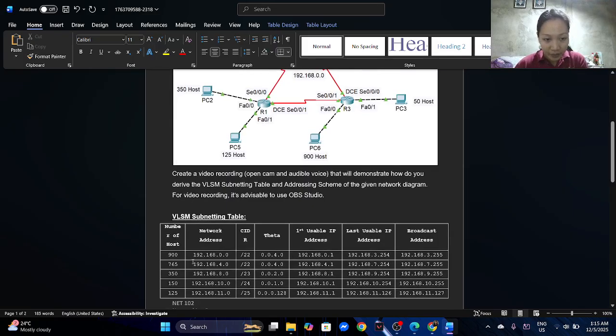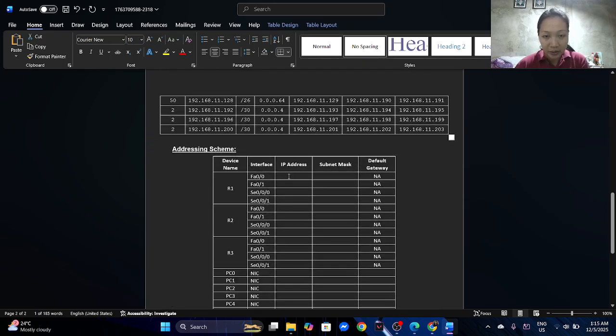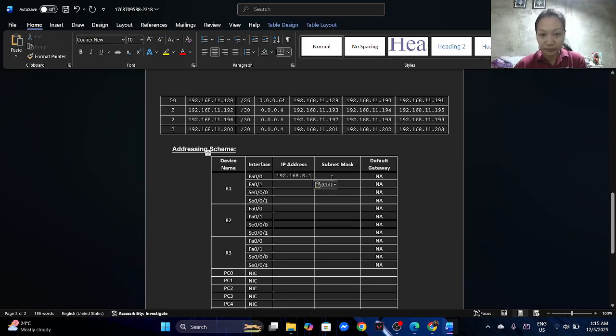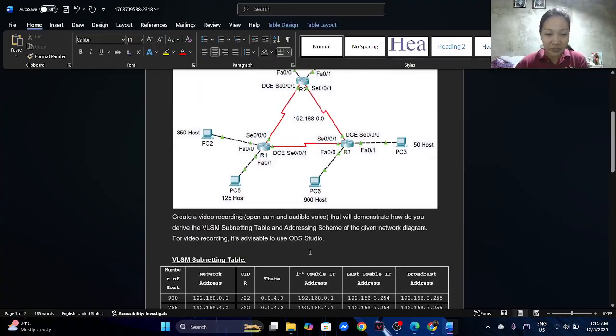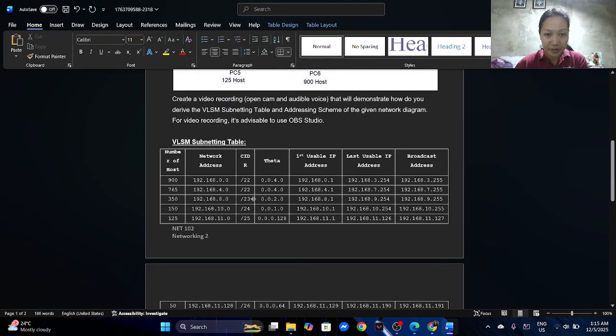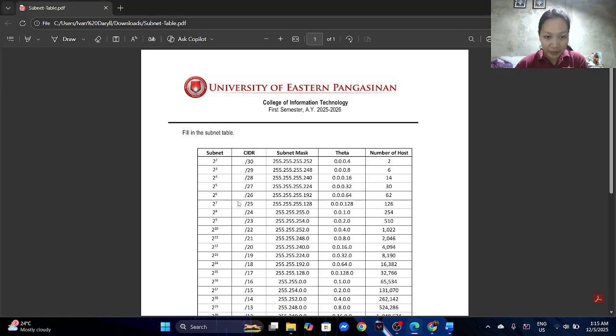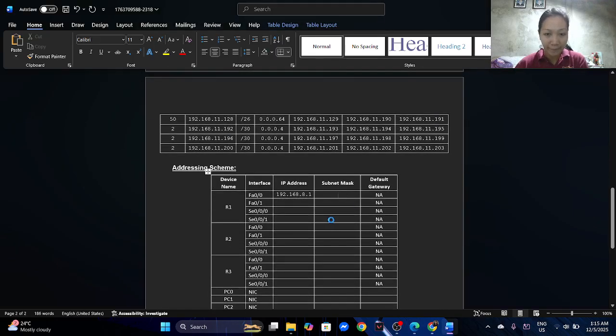So the first usable address would be the IP address, 192.168.8.1. And subnet mask, host 350 is CIDR /23. CIDR /23 subnet mask is 255.255.254.0.